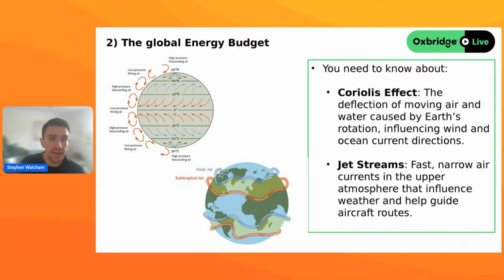So here within our Hadley cells, we can see we have what we call our trade winds. So these are typical winds that whip up at the equator and move in this westerly direction. Moving further out in our Ferrel cell, we have winds that move in an easterly direction. So they're moving away from the equator.